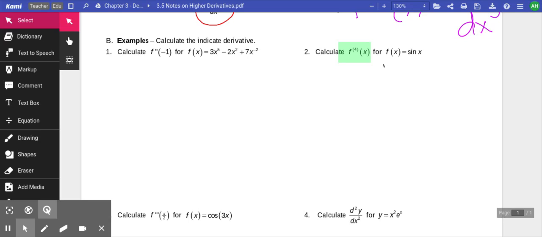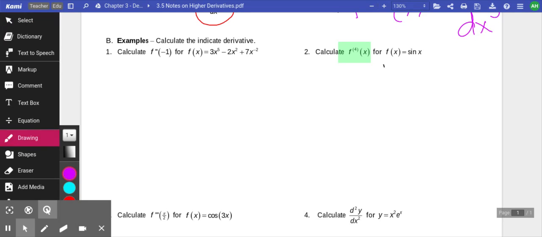Example 1 says calculate f double prime of -1, given that f of x is equal to 3x to the 5th minus 2x squared plus 7x to the -2. The first thing I would suggest is finding the generic derivatives.